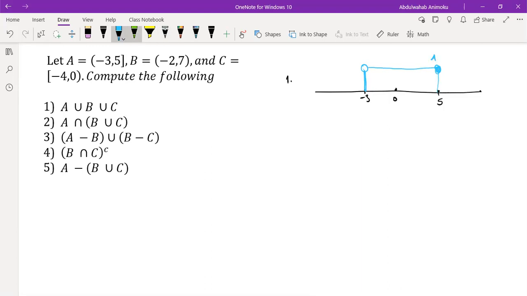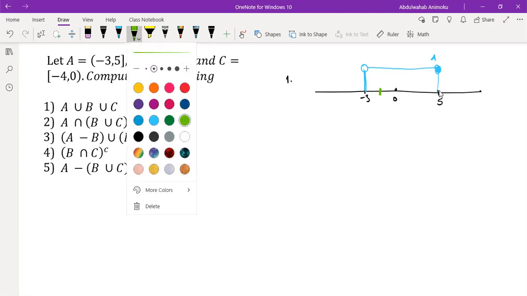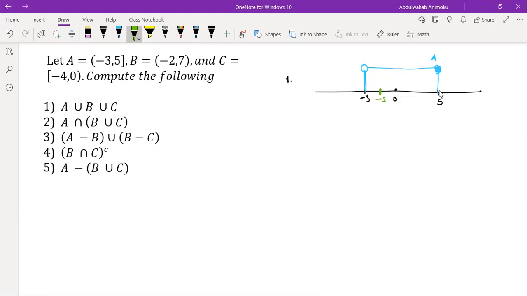Now let's go to set B. B is a set between -2 and 7. So here will be -2, and here is 7. And it's an open set, which means that the boundaries are not part of the set.